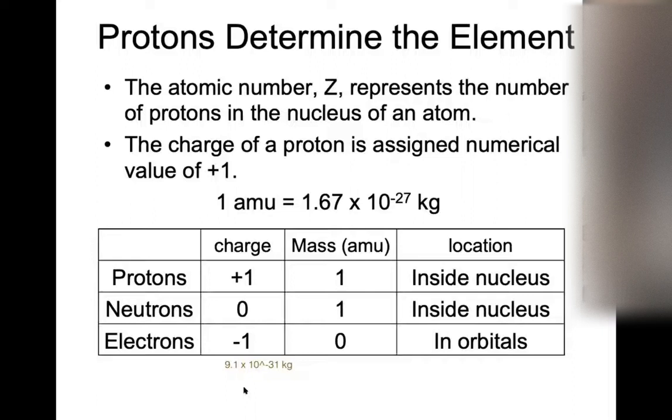It's actually 2,000 times smaller than a proton. So we're going to call it a mass of 0. Electrons have a very tiny mass, but much smaller than protons and neutrons. So when we make the transformation to atomic mass units, the electrons have a mass of 0 effectively.